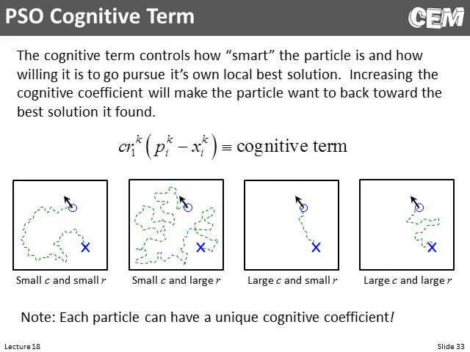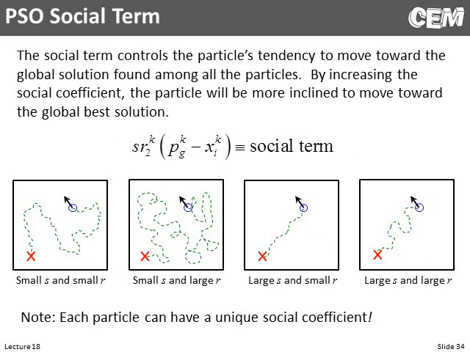The more direct approach is quicker, but we will probably get stuck in a local best type of trap. And then the social term: these pictures look the same way, but it's a tendency to move toward the global best instead of the best that that particle has seen. And so this is the sharing of information between the different particles in the swarm.